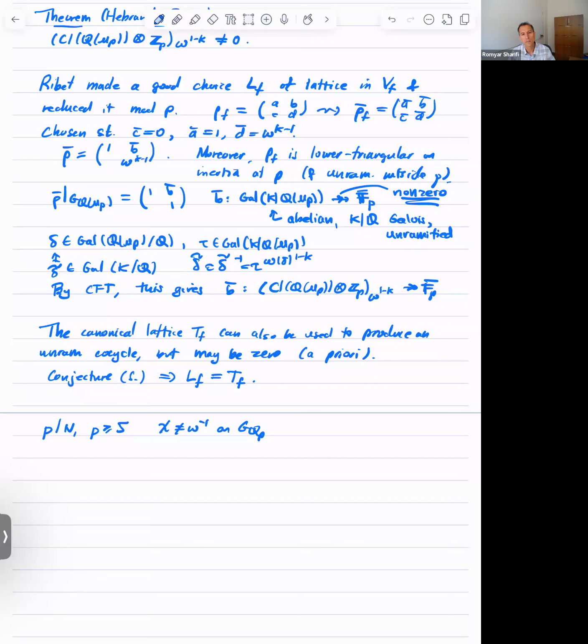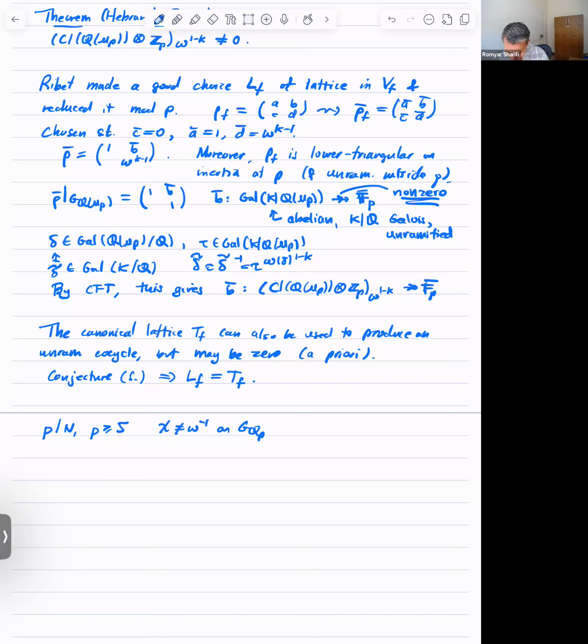Because isn't the rank of this TF usually something like 1 plus the number of generators of the space of cusp forms? I think not the TF, but the T could have rank greater than 2. But I think TF is just for one cusp form, right? Yeah, okay. But T localized at M could have that higher dimension. That's right. I see. Yeah, okay, thanks.